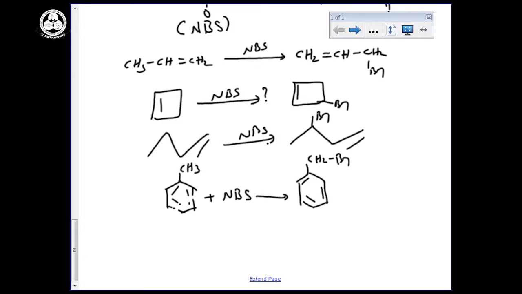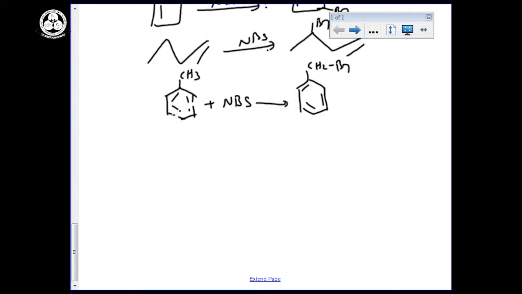Here a doubt: previously we were seeing the resonance mechanism for toluene. You generally get ortho and para. Generally you write the answer as ortho and para. But here ortho and para is not the major product. Here it goes for the allylic substitution.